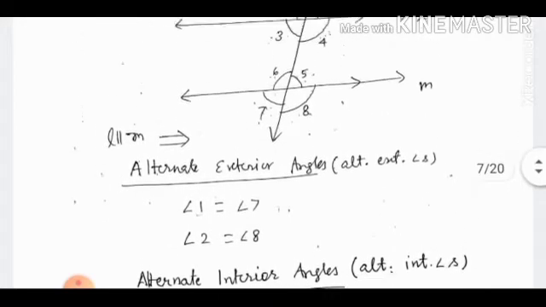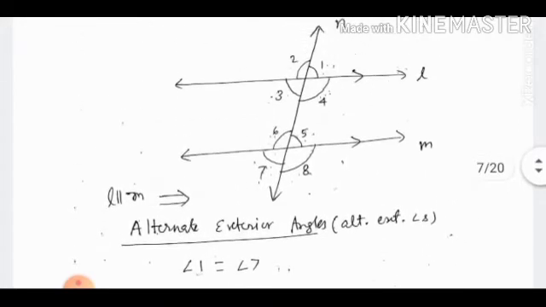Corresponding angles. The corresponding angle for angle 1 is, see here, angle 1 is above line L and to the right of N. Also angle 5 is above M and to the right of N. So angle 1 and angle 5 are corresponding angles.